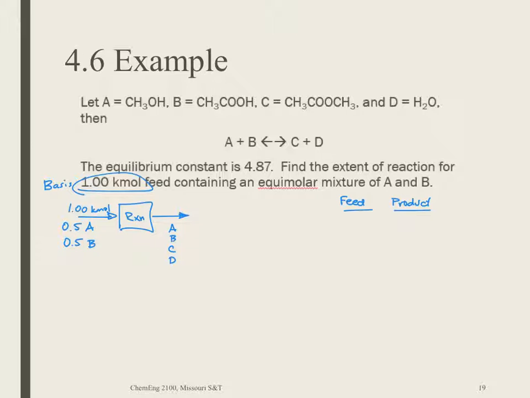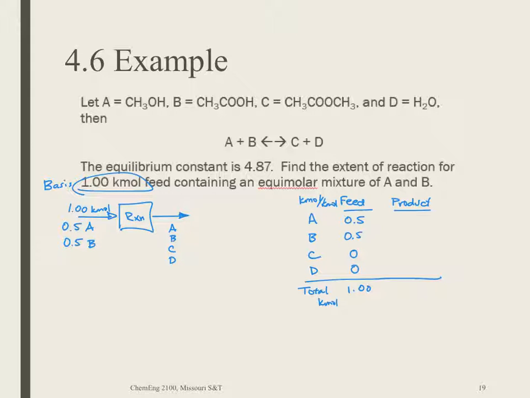On my feed I have 0.5 kilomoles of A, 0.5 kilomoles of B, 0 kilomoles of C, and 0 kilomoles of D, making a total of 1 kilomole of this. And all of these are in kilomoles. So these are mole fractions up here. This is kilomoles down here.